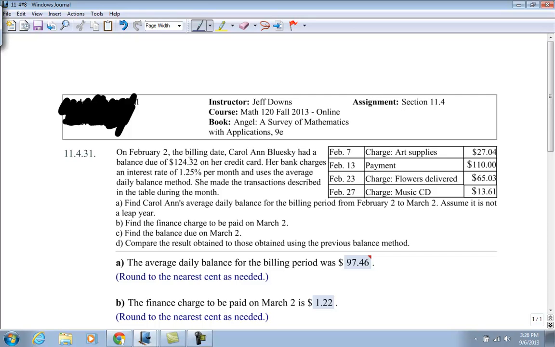Okay, so we have a date, February 2nd. So we'll make columns for date, amount of dollars that we have in the balance, and days. So February 2nd, then February 7th, February 13th, February 23rd, February 27th, and then it closes on March 2nd.